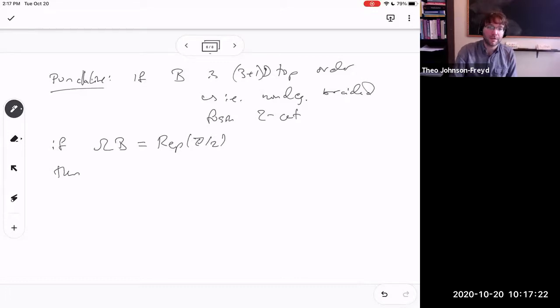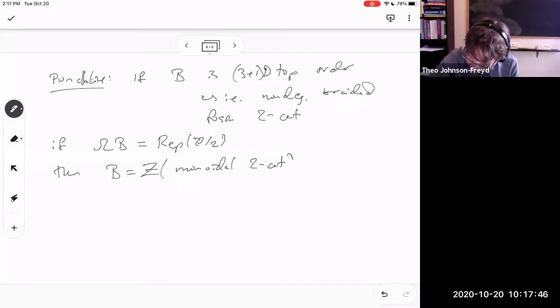And if you have studied Reshetikhin-Turaev theory in 2+1d, you'll be familiar with the statement that if you have a modular tensor category with a boundary condition for the 2+1d theory, then that modular tensor category is actually a Drinfeld center and comes from Turaev-Viro theory. So then B is actually the Drinfeld center of some monoidal 2-category.